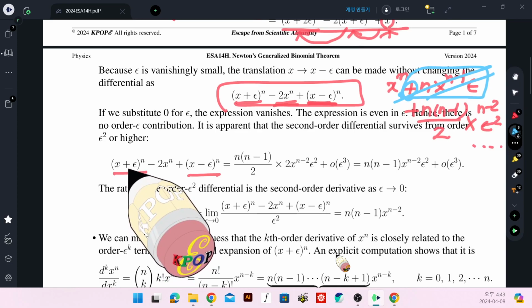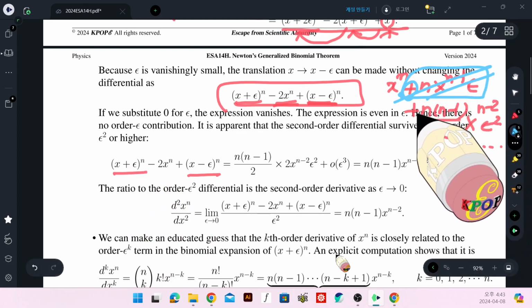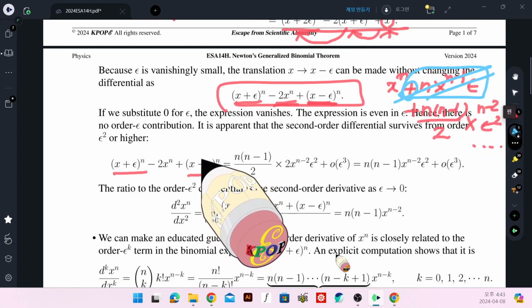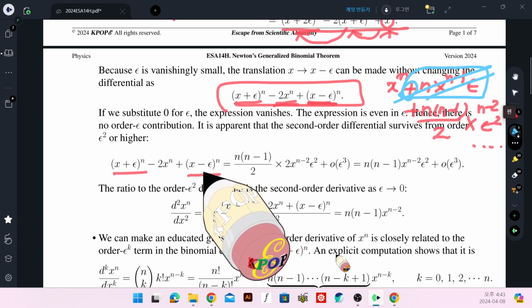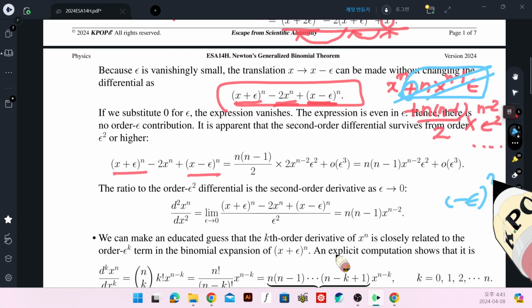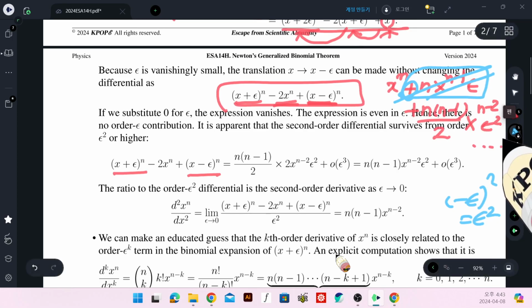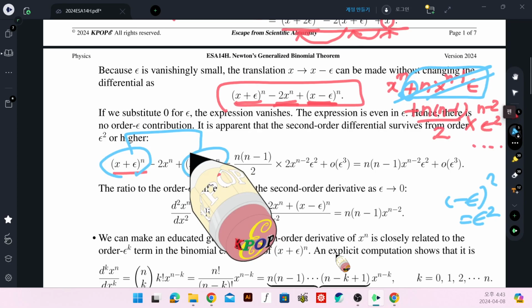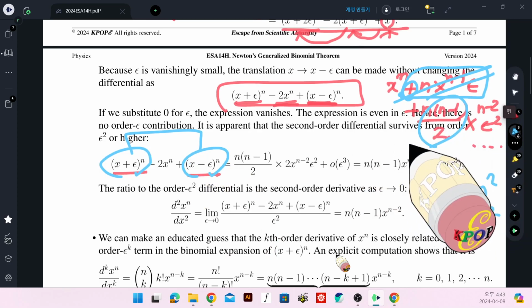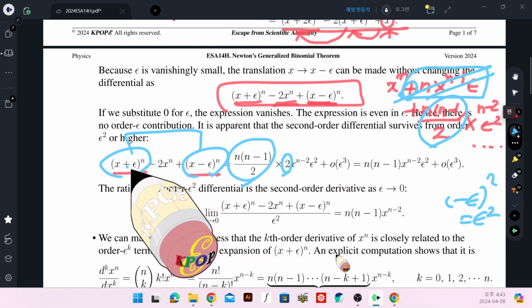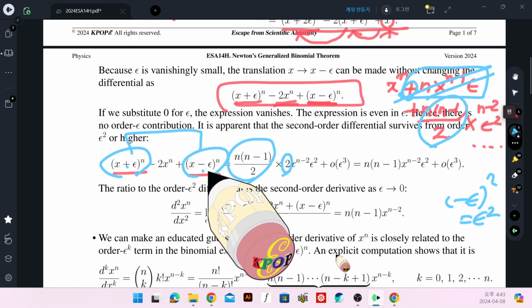And here we have the order epsilon squared term, and the order epsilon squared term also appears with a negative sign, but that negative sign cancels because of epsilon squared. So minus epsilon squared is identical to epsilon squared. So the contributions of order epsilon squared in the plus term and the minus term add up. Therefore, this factor is multiplied by 2 because the two contributions are the same.